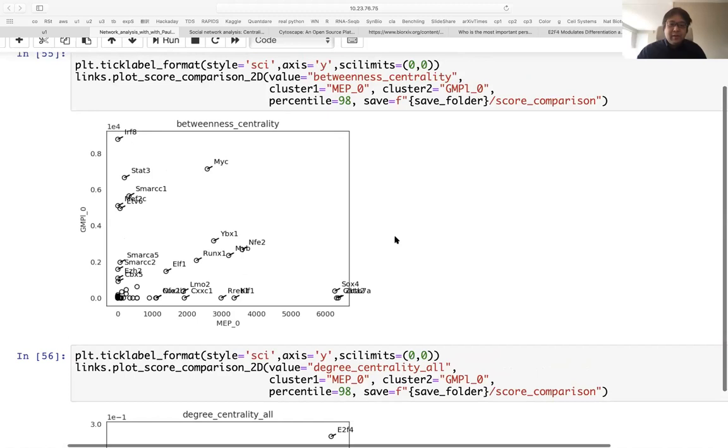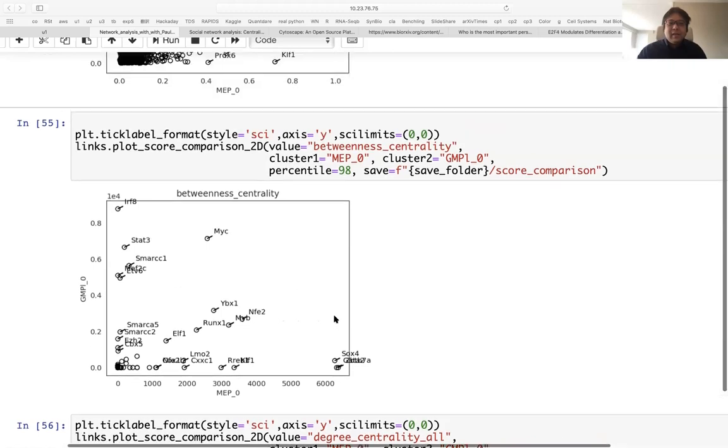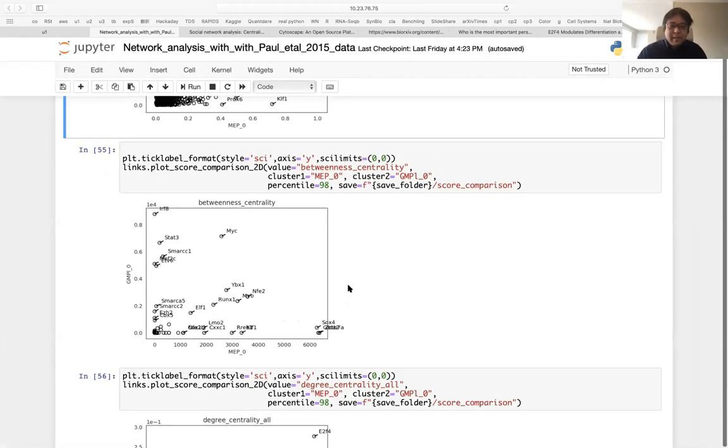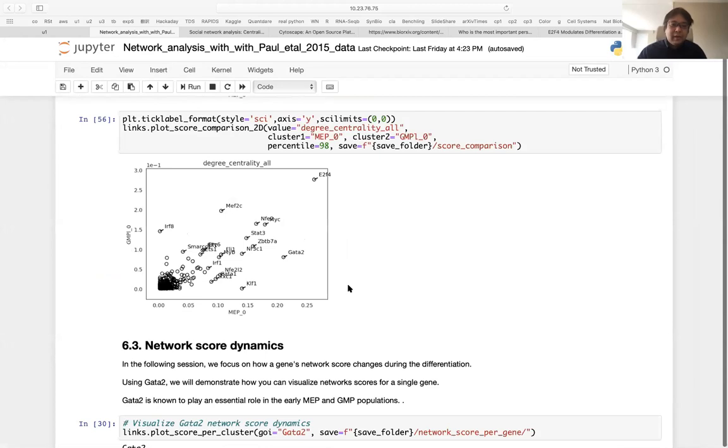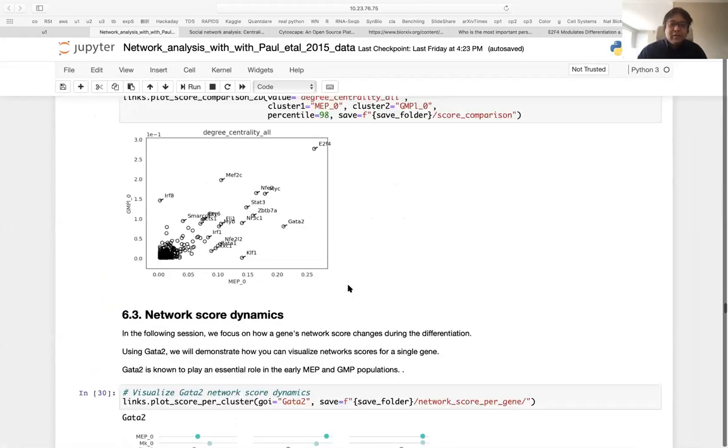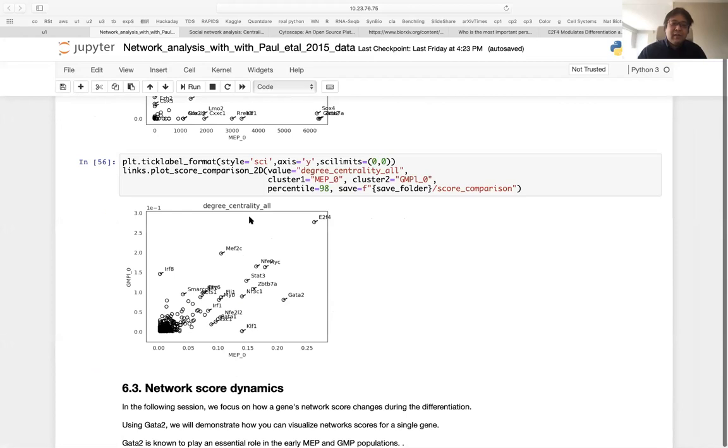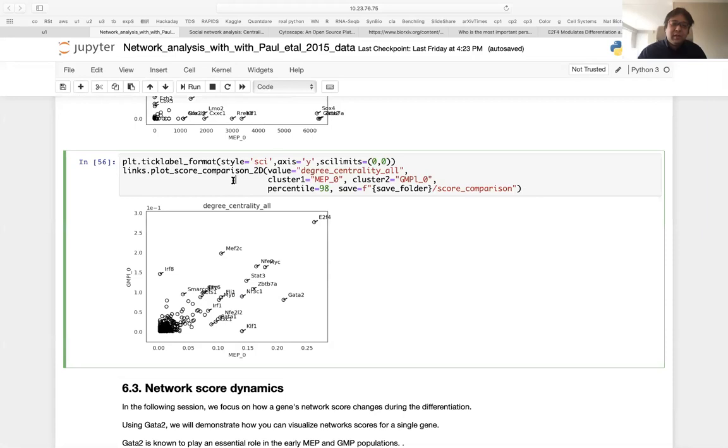Okay. Anyway, if you have a question about this score, please Google it first, so maybe you can know what the score means. One unique point in CellOracle is you can compare two GRNs focusing on one score.